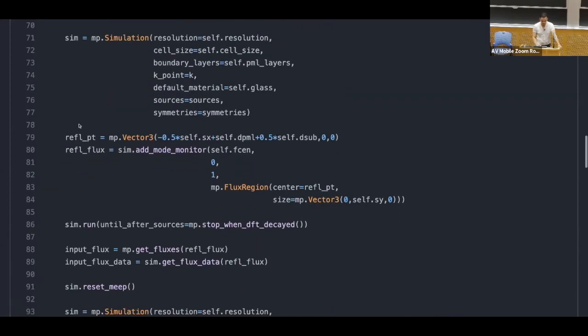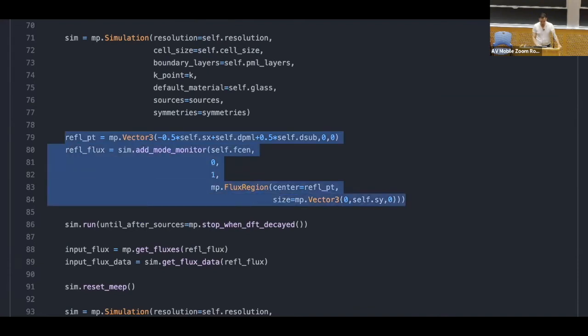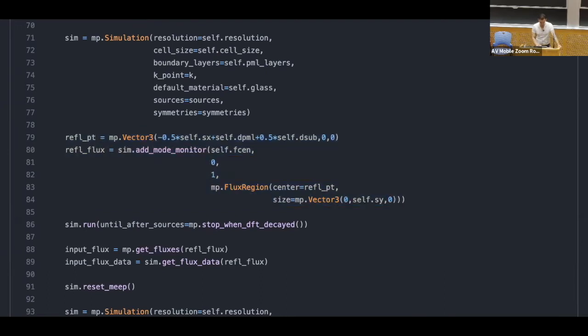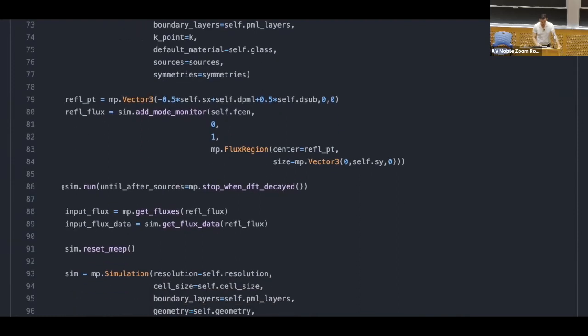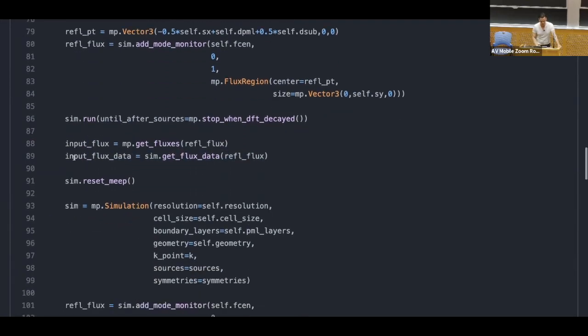I then set up my reflection monitor. This is adjacent to the source, inside the actual glass material. I do the time stepping. I then, at the end of the time stepping, save the flux from this calculation. And I do it in 2 different ways.